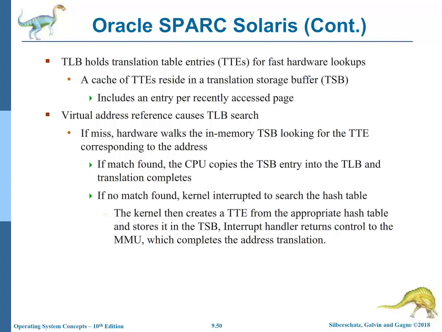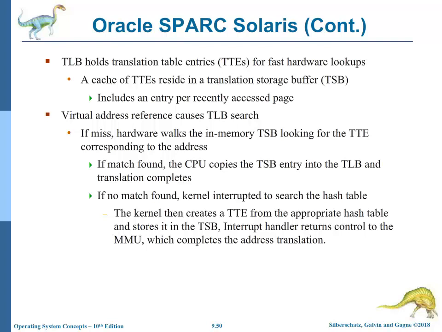When a virtual address reference occurs, the hardware searches the TLB for a translation. If none is found, the hardware walks through the in-memory TSB looking for the TTE that corresponds to the virtual address that caused the lookup.